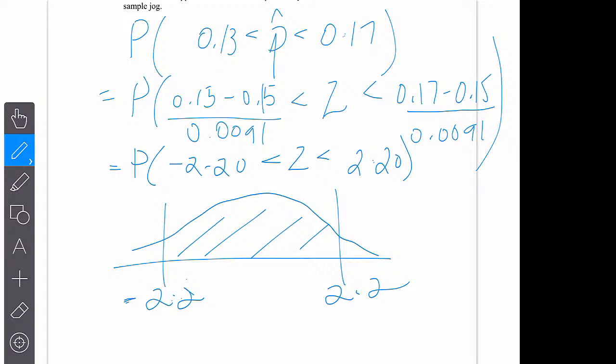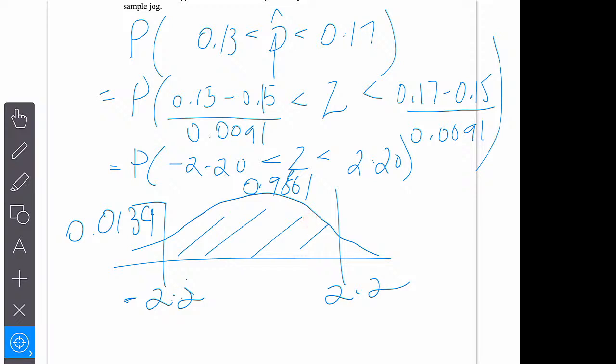What do you get? So the area here is 0.01939, and then over here, to the left, is 0.9861. So this is the 1.39 percentile, and this is the 98.61 percentile.